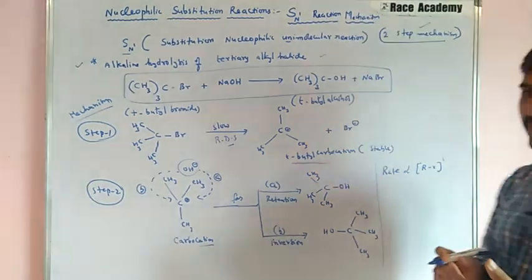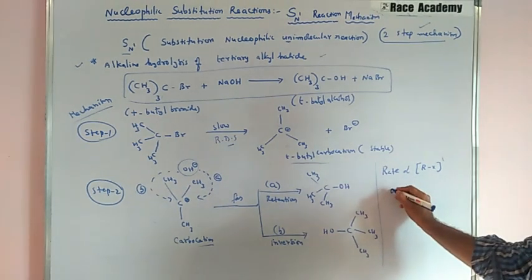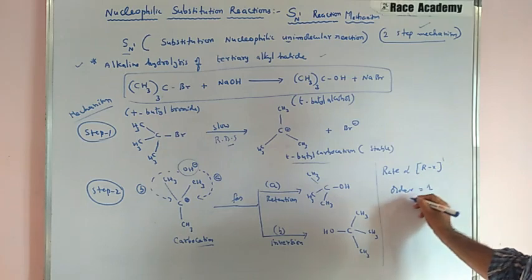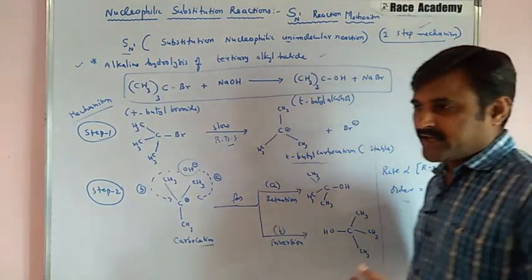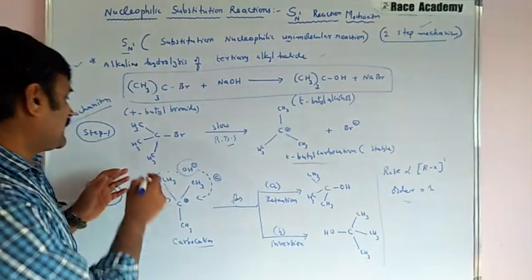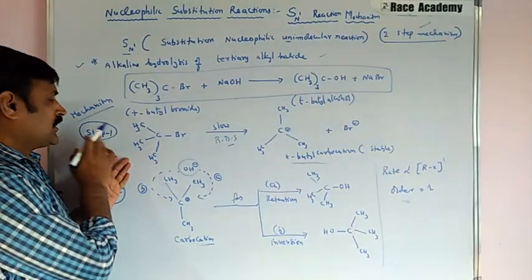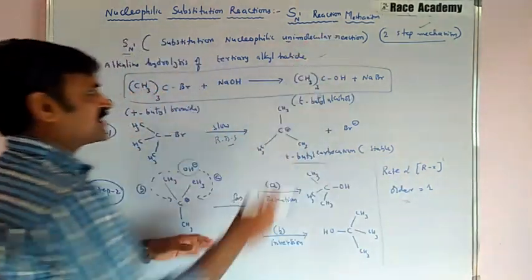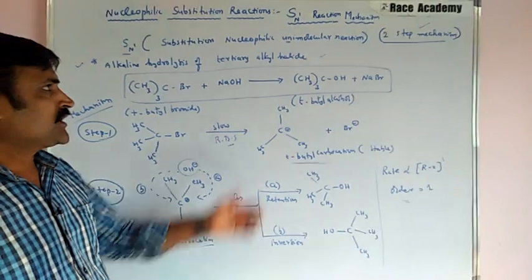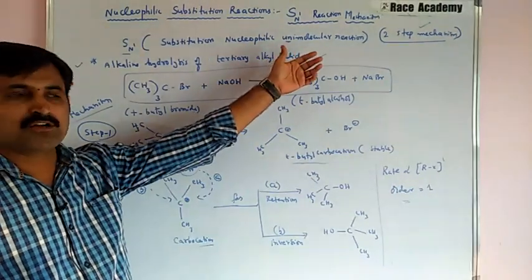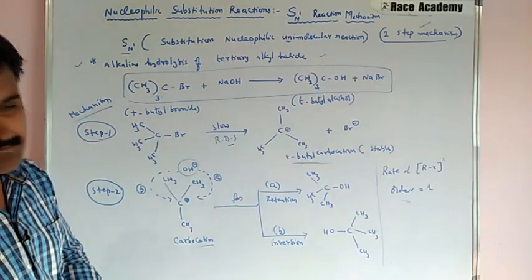That's why the order of this SN1 reaction is said to be first order. The reaction involves only a single molecule in the rate determining step, which decides the order of reaction. One molecule is changing, so the entire process is also called a unimolecular reaction mechanism.